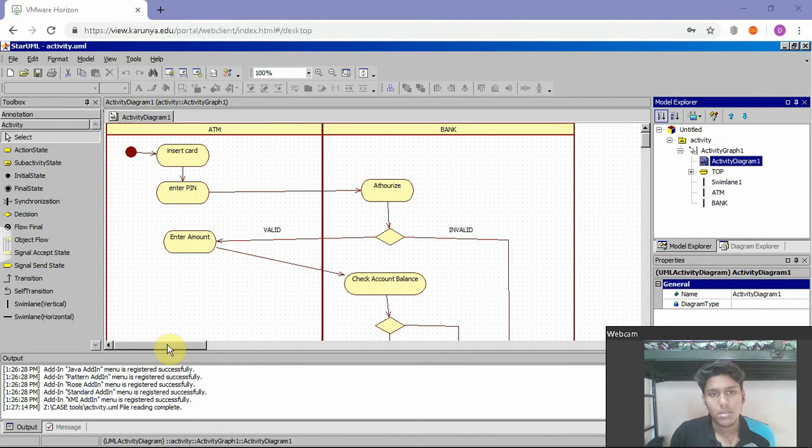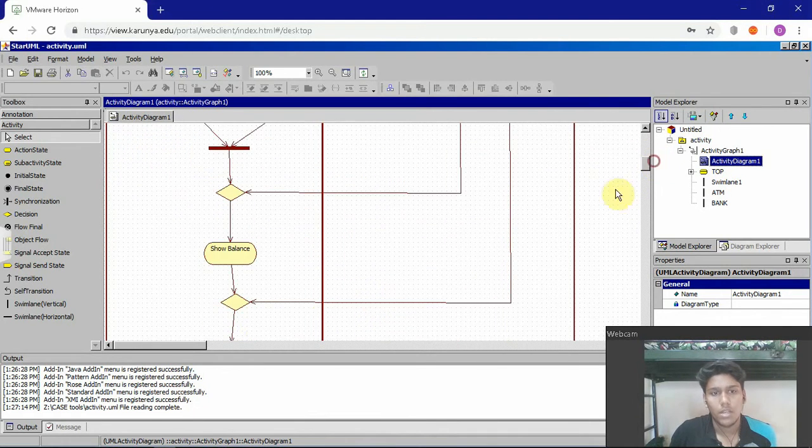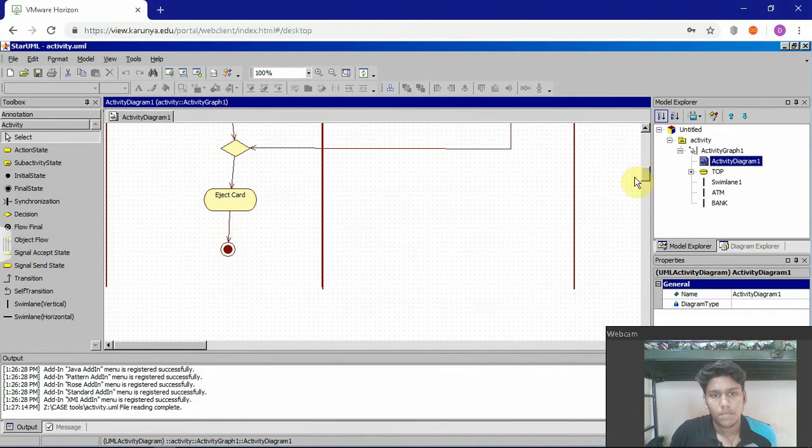So this is the basic definition for the activity diagram. As you can see, this is called the swim lane, and these are called the activities. This is the starting point, and in the end we have the ending point here.